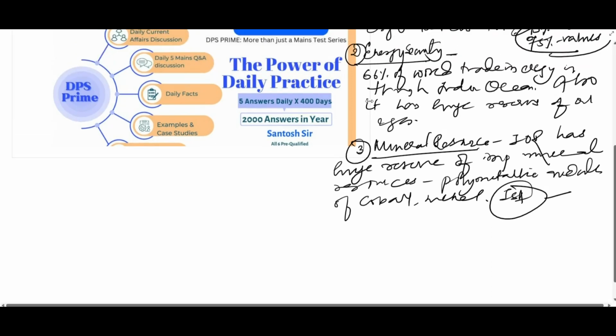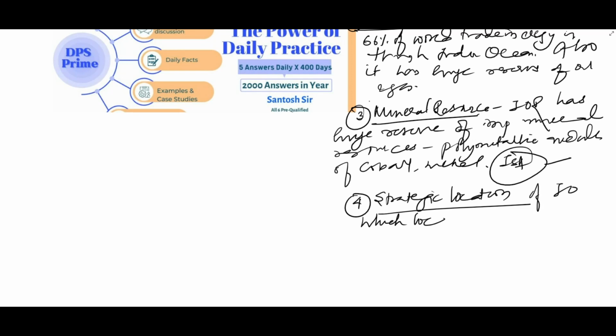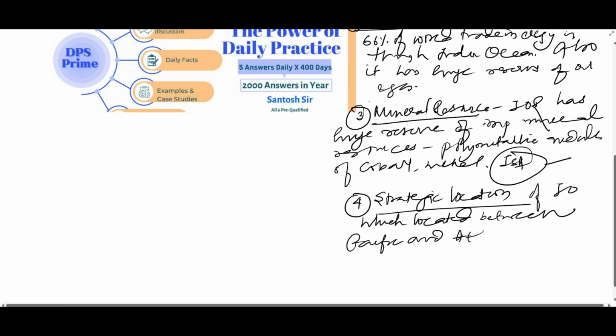Coming to the next point, you can say that the fourth point will be the strategic location of the Indian Ocean, which is located between the Pacific and Atlantic Ocean.